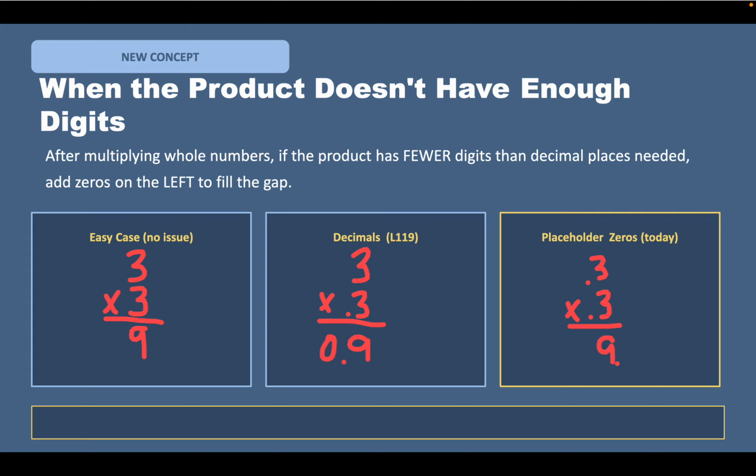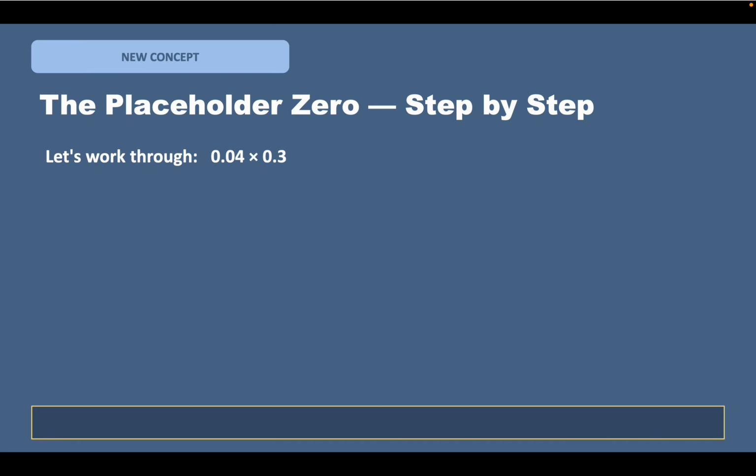So we need to add a 0 in front of it so that we can put our decimal point, and we'll have 2 digits after our decimal point. And again, we can put a 0 here in the ones place to represent no whole numbers.